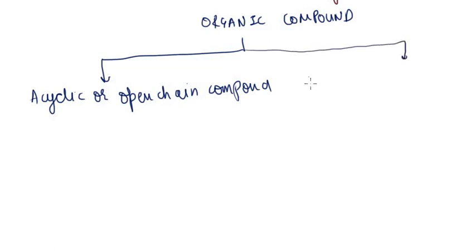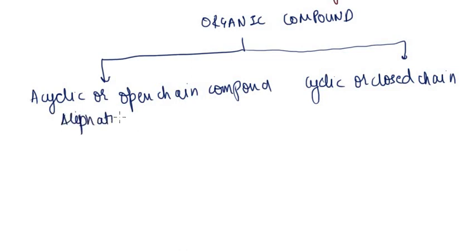And second is cyclic or closed chain compound. So this is known as aliphatic and this is known as ring compound.